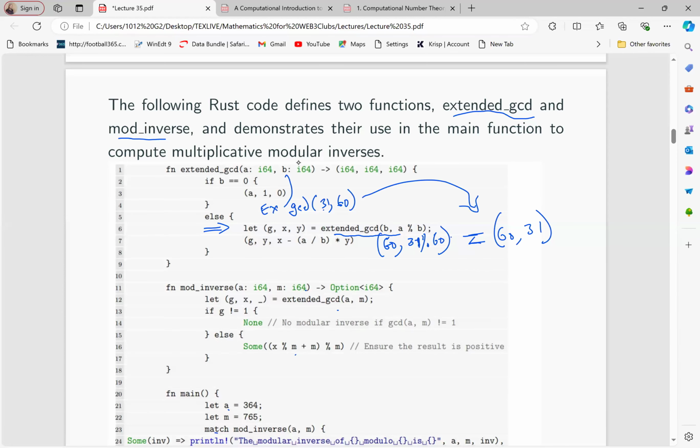Then there will be the next call. The next call will be calling the extended GCD of 60, 31. But what is the result of this? Look at this, it just interchanges.